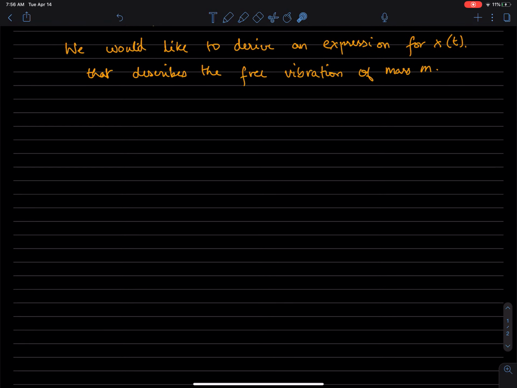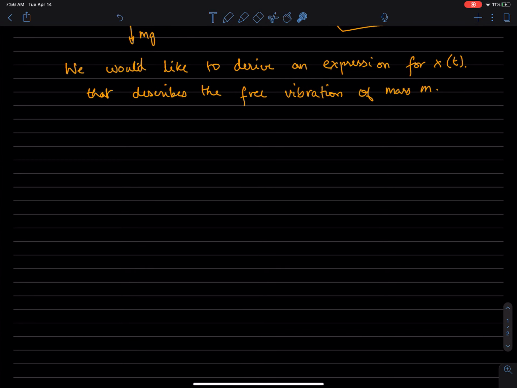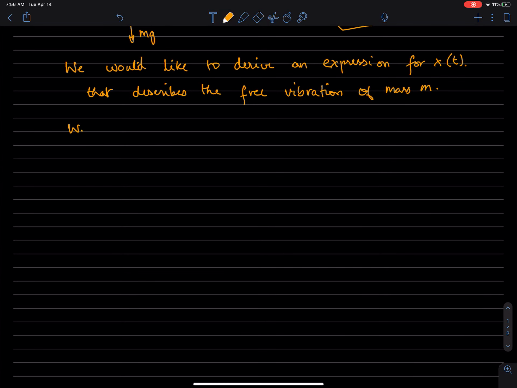Okay, so we know that the motion will be an oscillation, and because there's no friction or damping, it's an oscillation which will persist forever.